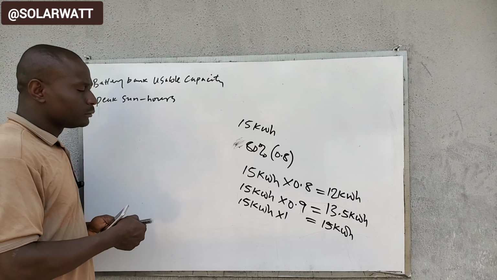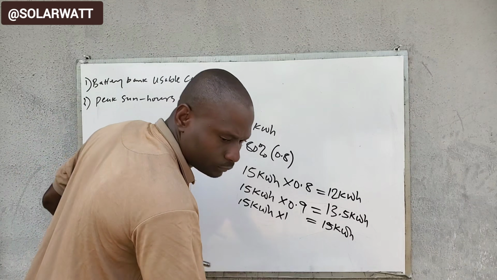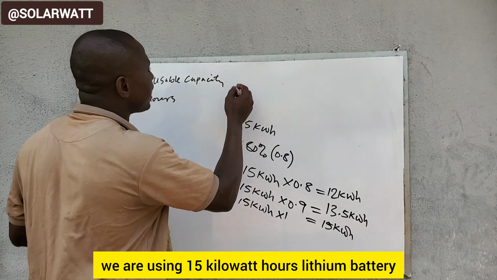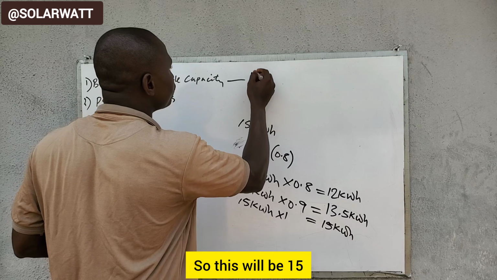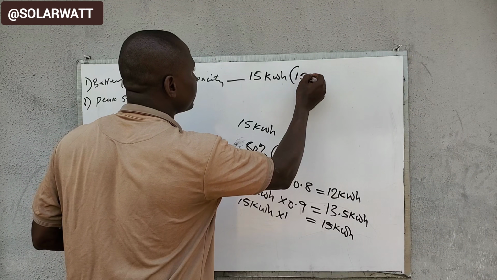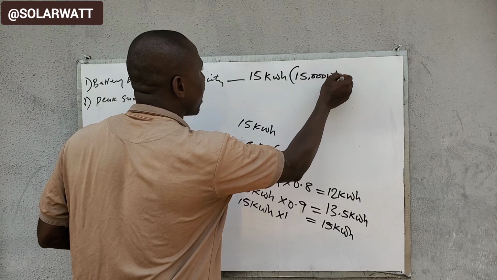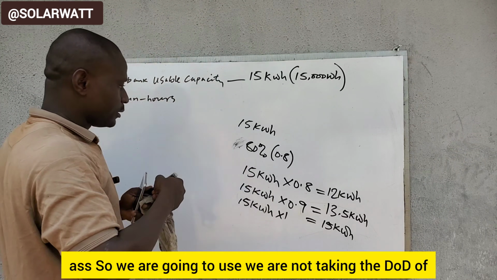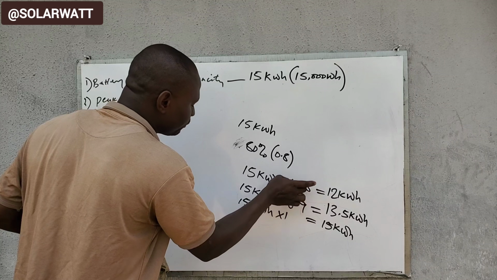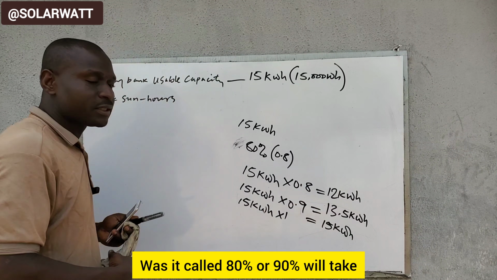Now, for this calculation, we are using a 15 kilowatt hours lithium battery. So this will be 15 kilowatt hours or 15,000 watt hours. We are not taking the DOD of 80% or 90%.